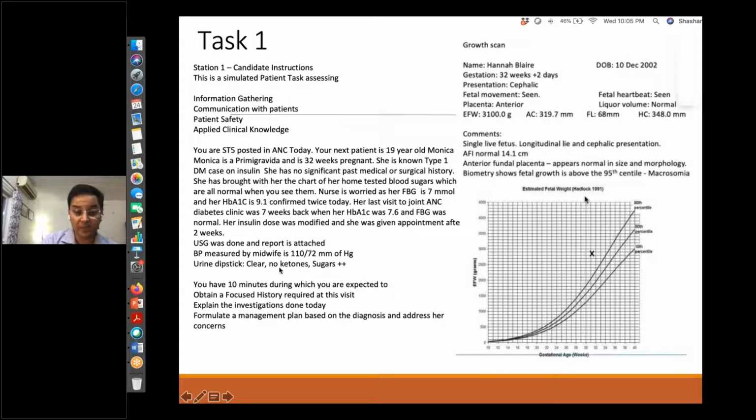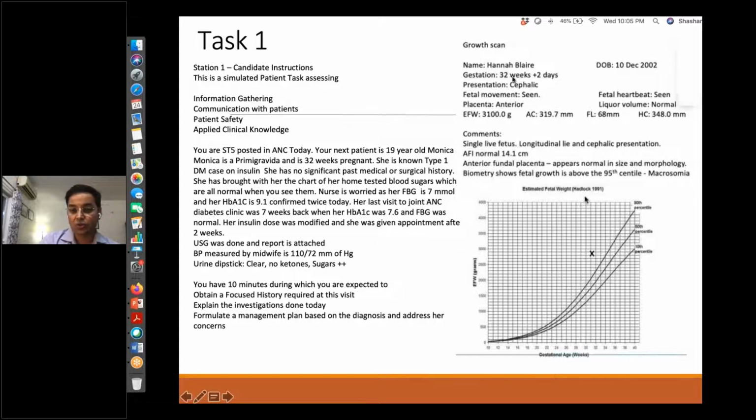A urine dipstick shows no ketones, but sugars are plus. You have 10 minutes during which you're expected to obtain a focused history required at this visit. It's very clearly stating focused history required at this visit. Explain the investigations done today, and formulate a management plan based on the diagnosis and address her concerns.